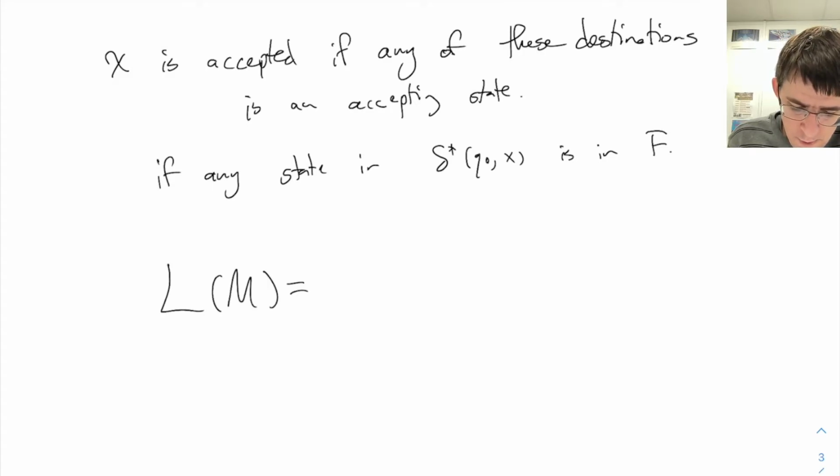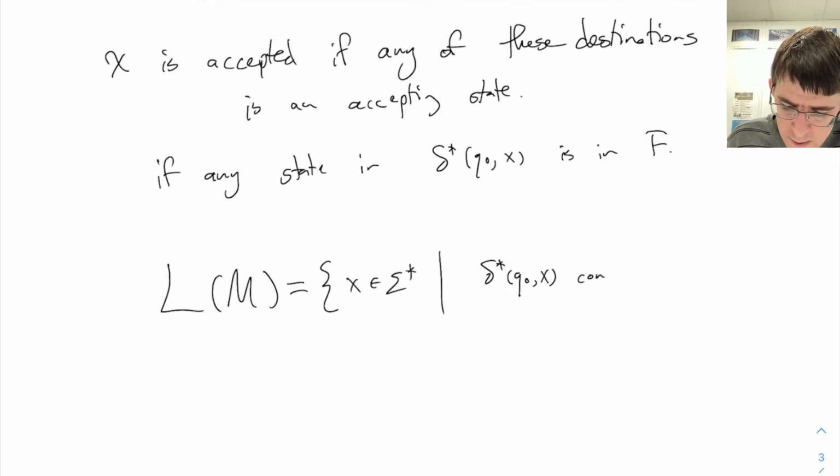It is the set of all X in sigma star, all strings, such that delta star of Q0 and X contains an element of F.